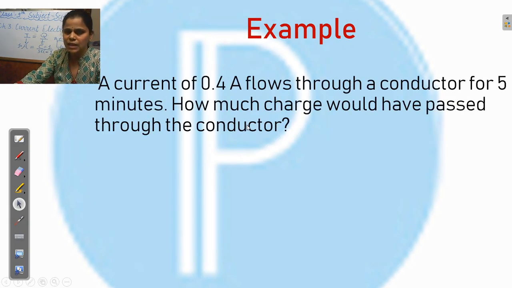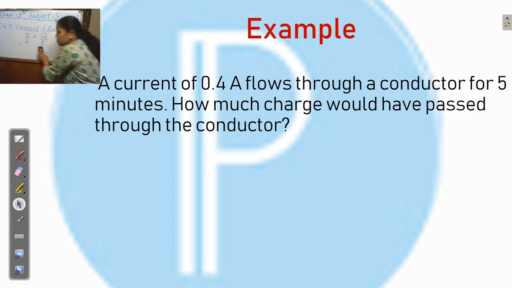We will take one example, students, based on the formula I equals Q upon T, where I is the electric current and Q upon T is charge upon time. Here is one numerical example.